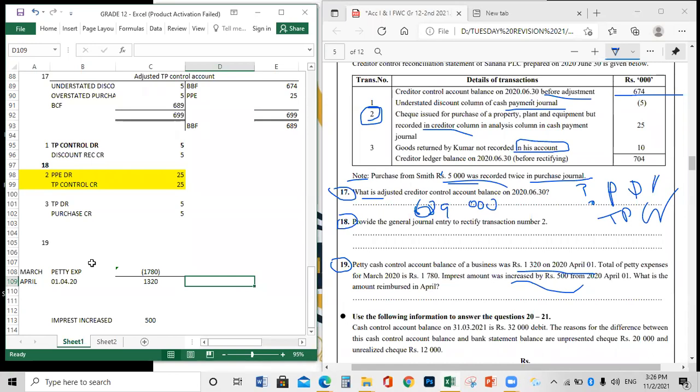Now see, guys, in March they have spent 1,780 and they had a balance of 1,320. So what would have been the imprest amount at the starting of March? That's my question.